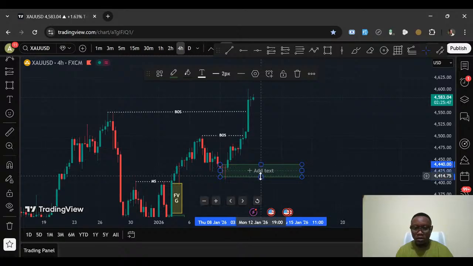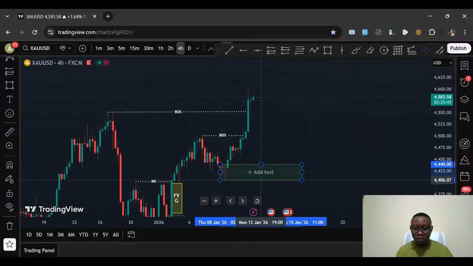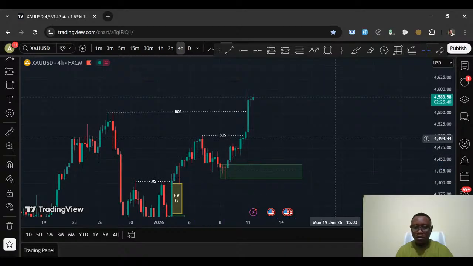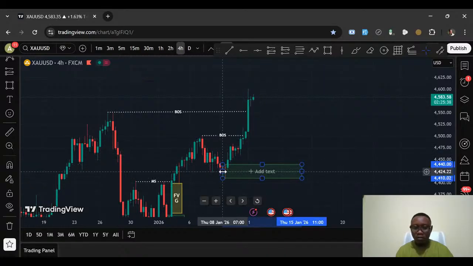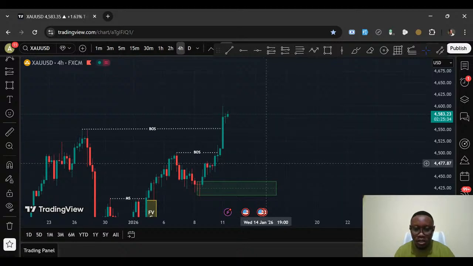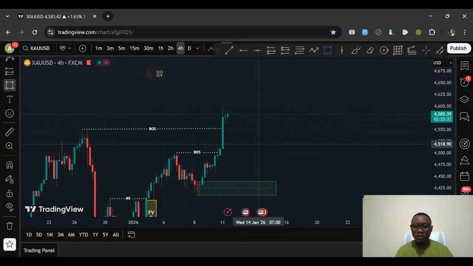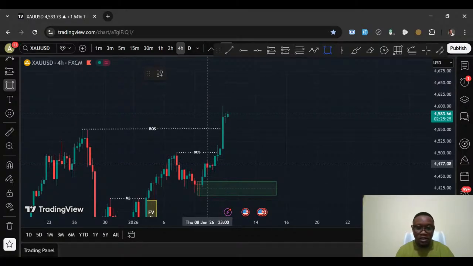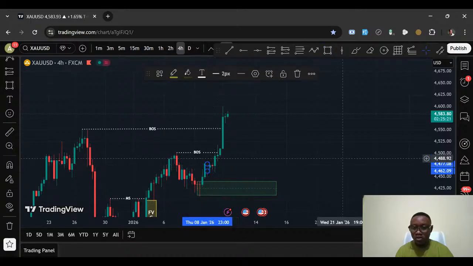There's a 4-hour zone. All right, so I can also see another zone here on the 4-hour time frame. Again, look at it. It again meets the four criteria of a valid order block zone. Let's look at it closely.